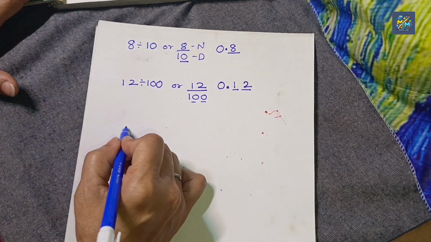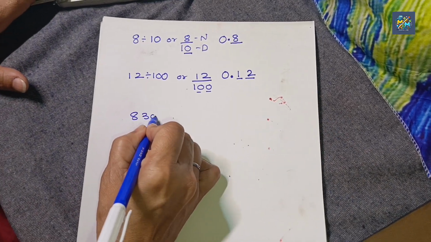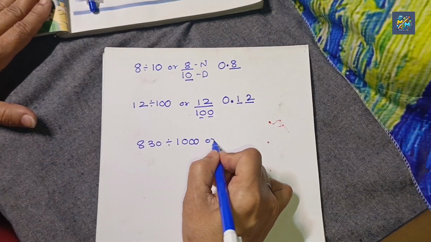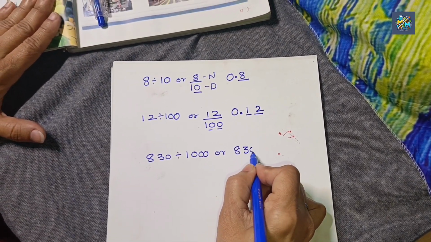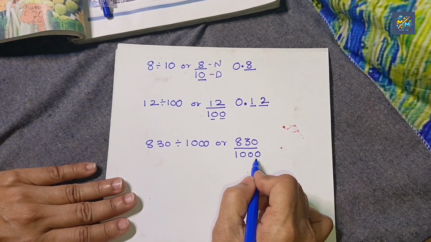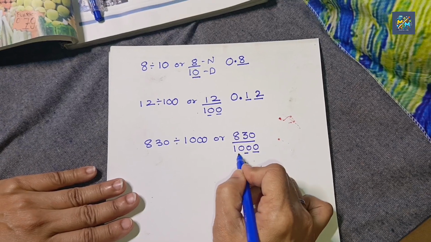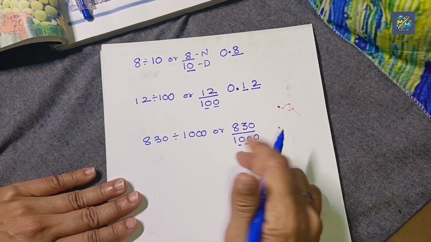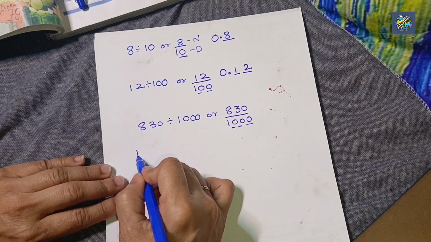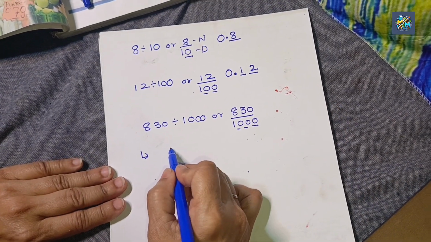Now the third sum is 830 divided by 1000, or we can write 830 upon 1000. How many zeros are here? 3 zeros. But I can also see 1 zero in the numerator. So let's make a change in attempting this sum.